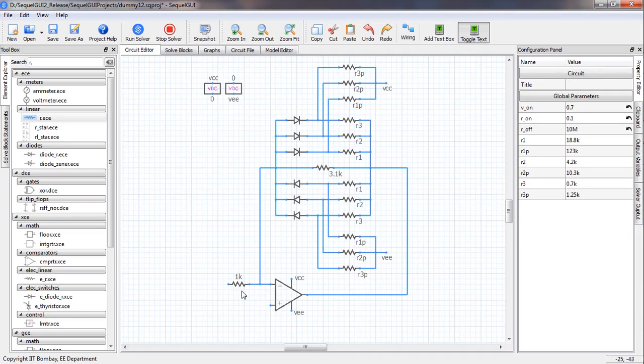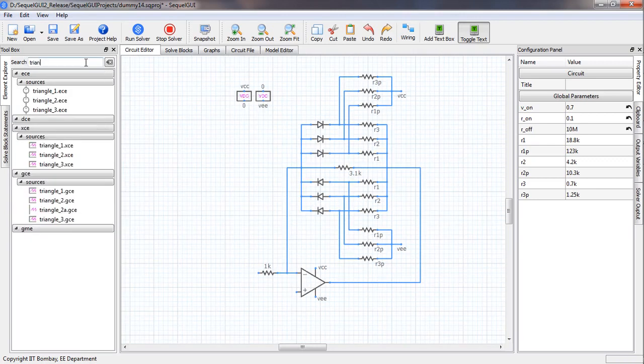We have also added this resistance 1K, and we have named these VCC and VEE nodes of the op amp as VCC and VEE. That means this node is actually connected to this node because they share the same name, and similarly the VEE node of the op amp, which is named as VEE, is actually connected to VEE, although we don't see a wire.